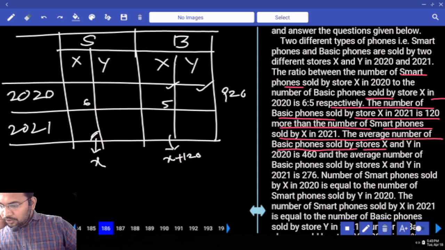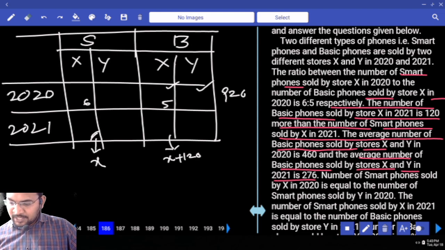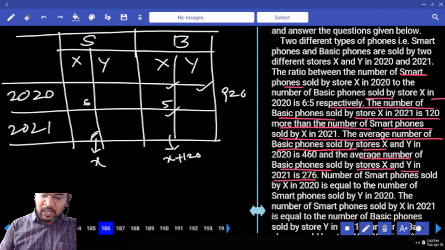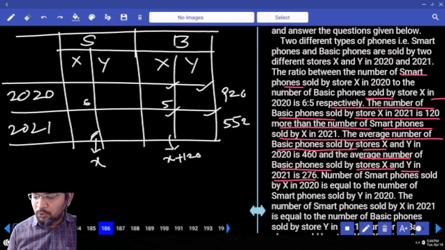Store X and Store Y basic phones. Next, the average number of basic phones sold by Store X and Store Y in 2021 was 276. These two together, 276 double, 552.